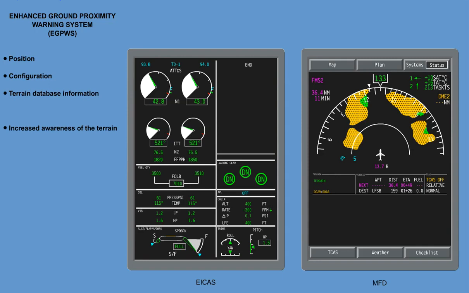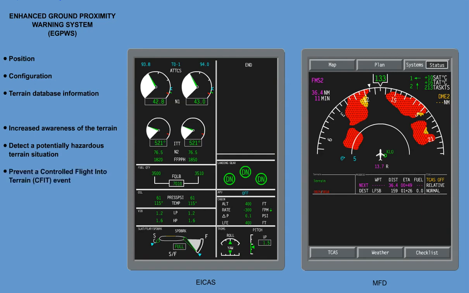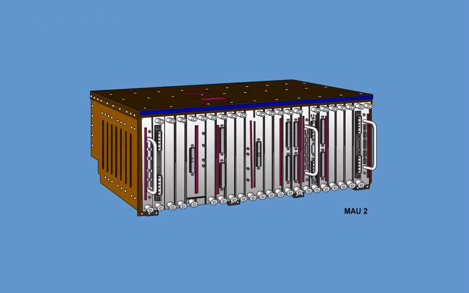The system provides the flight crew with sufficient information and alerting to detect a potentially hazardous terrain situation and thus allow the flight crew to take effective action to prevent a controlled flight into terrain event. The EGPWS is a module contained in the Modular Avionics Unit, MAU number 2, and it is powered via Essential DC Bus number 2.